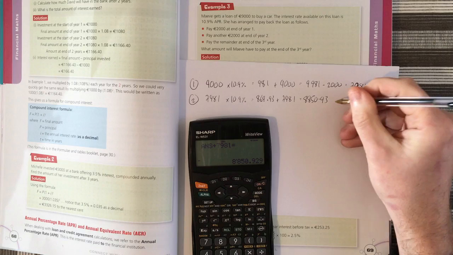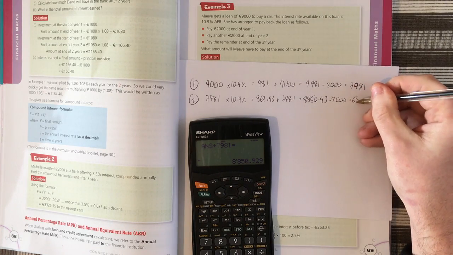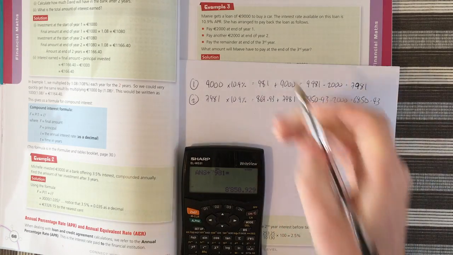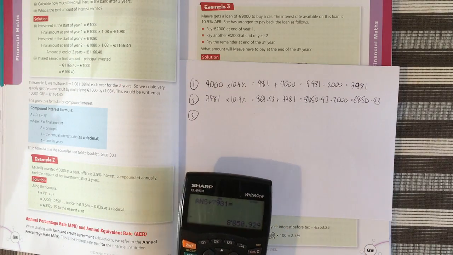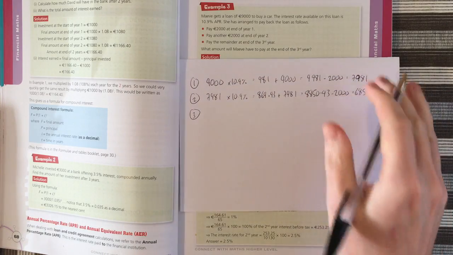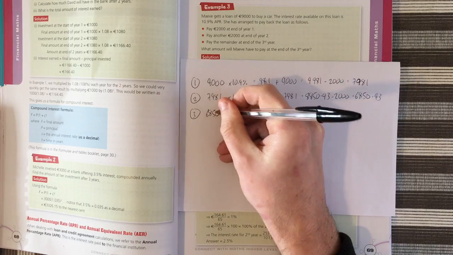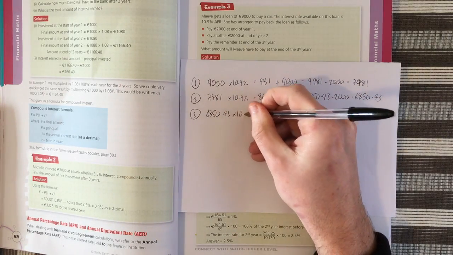What happens then? She repays another 2,000. So it is now 6,850.93. In year 3 then, so it's at the end of this year that she repays the rest of it, but we still have to calculate another year's interest in year 3. So it's the 6,850.93 from the end of year 2.